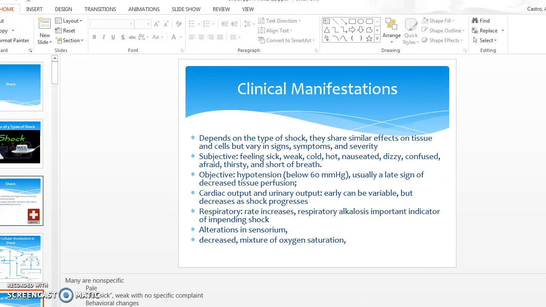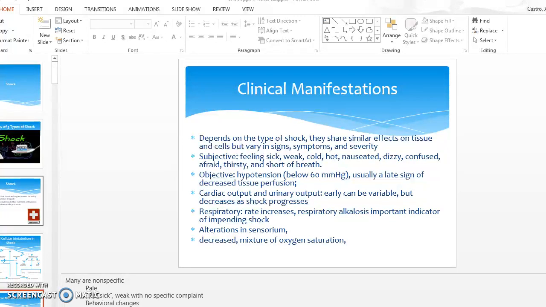So our clinical manifestations of all kinds of shock are going to be dependent on our type of shock, and our signs and symptoms are going to be very different. Albeit the end result is the same, like we were saying: nowhere is getting perfused.